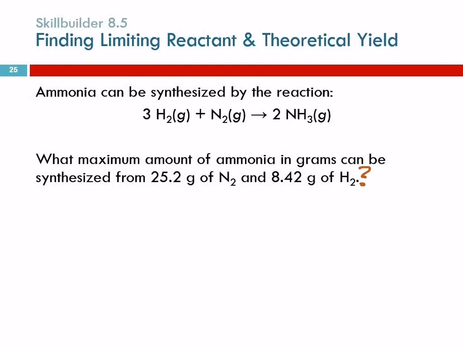Okay. Now, this question doesn't say anything about limiting reactant, doesn't say anything about theoretical yield. Oh, does it? It doesn't. Well, we have an equation here, and we have some masses, so let's just use this equation to organize the numbers, and then maybe we'll figure out what exactly it is that we need to do.